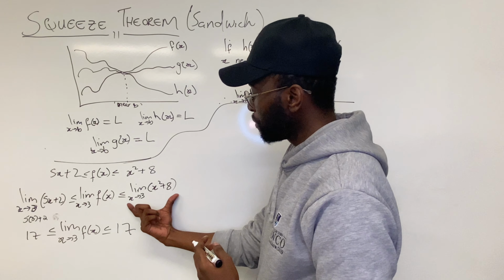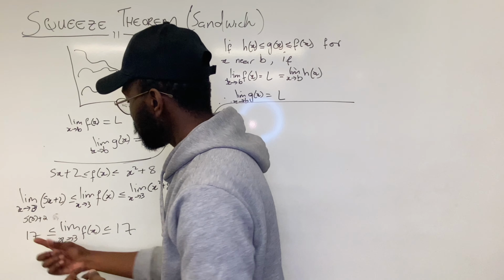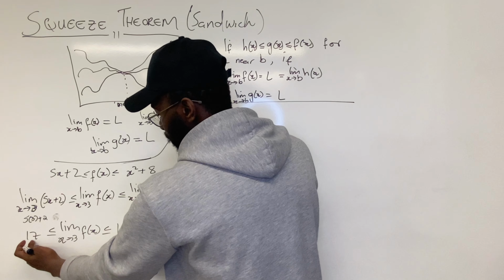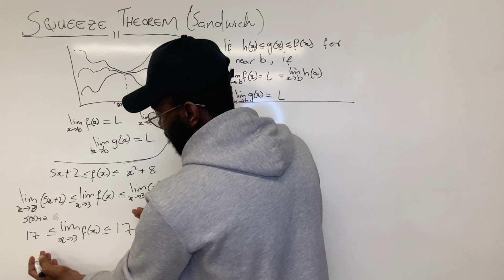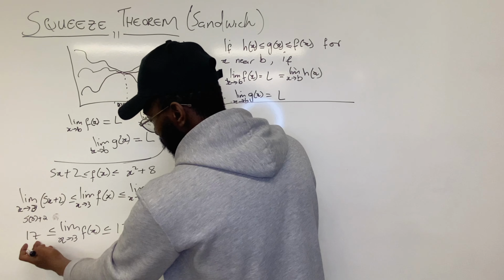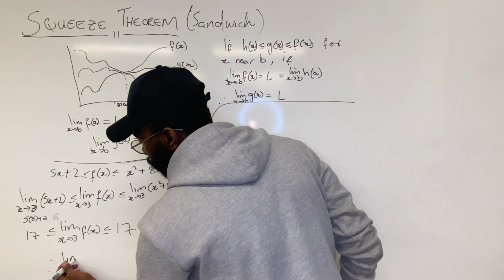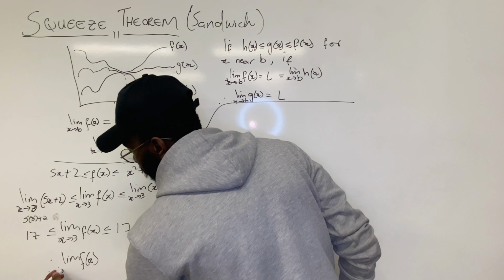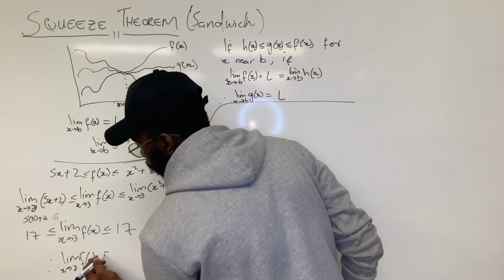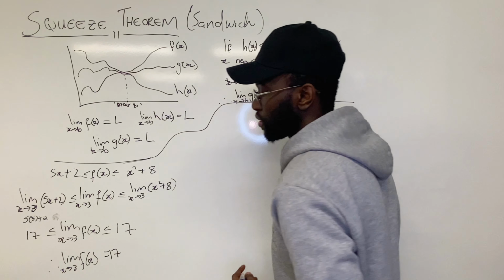Now, if this limit and this limit are both equal to 17, and this function is in between them, it is sandwiched by these two functions, that will therefore conclude that the limit of f at x as x approaches 3 will also be 17.